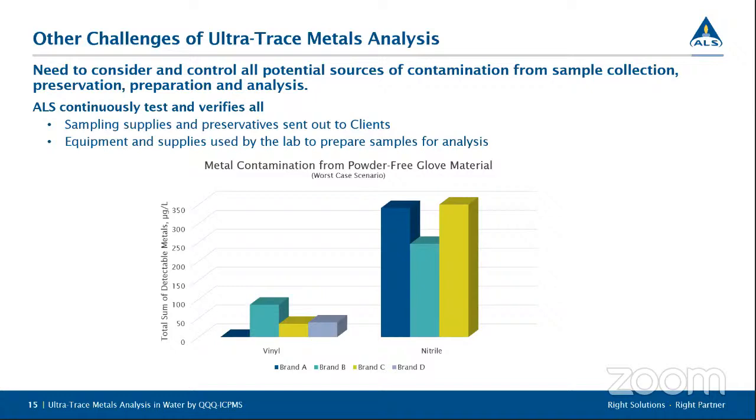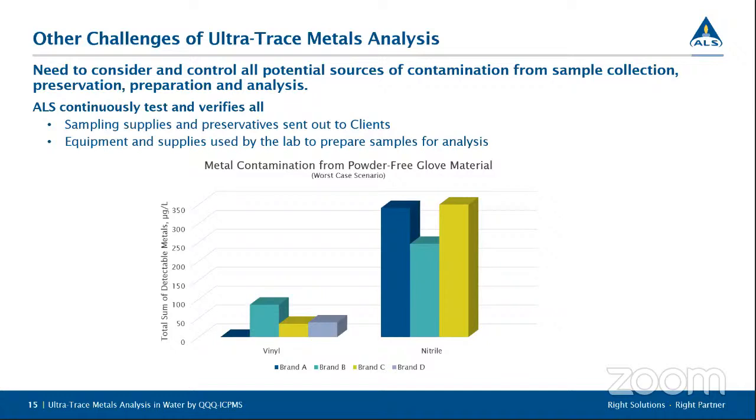So in the example below, gloves are often overlooked as a source of contamination as they are primarily meant to protect the person collecting or handling the sample. But for ultra-trace metals analysis, protection for the sample must also be considered.